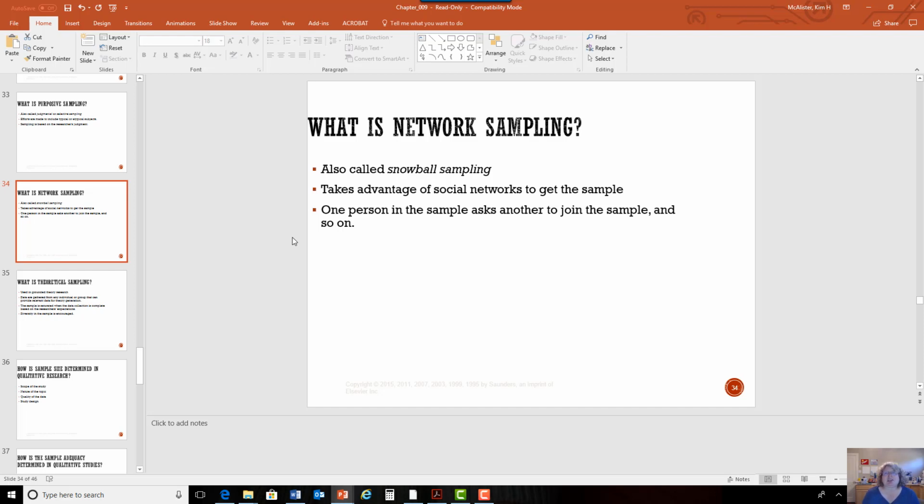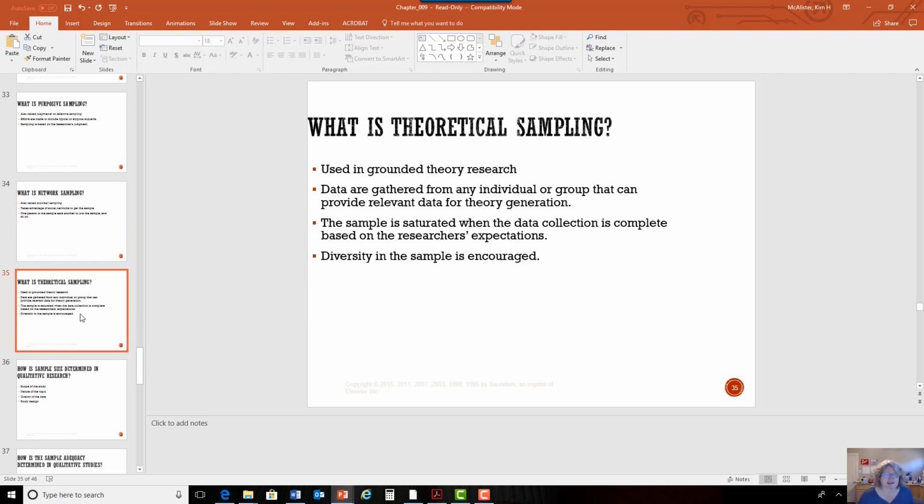And then those people that join turn around and ask. So you may start with one person who invites 3 or 4. Then those 3 or 4 people invite 3 or 4 people, and it gets bigger and bigger. So the size snowballs. Oops. I get excited and use my hands.